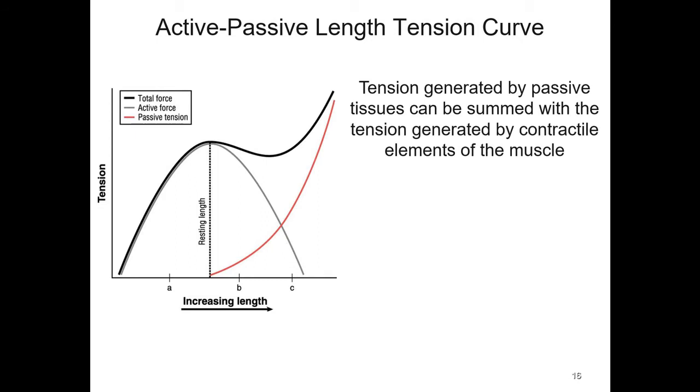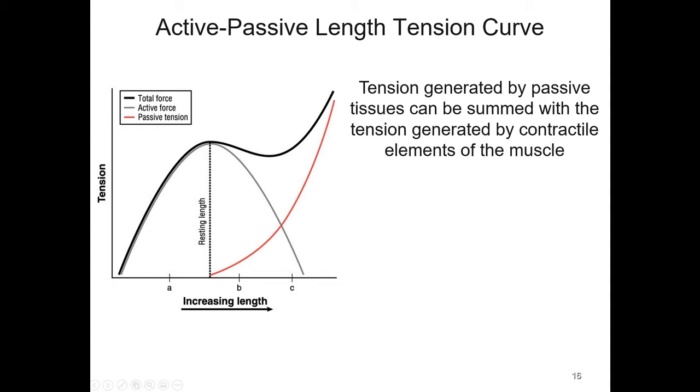So, here we have the active-passive length tension curve. We can see the active forces shown in the grey line here, and we can see the passive forces with the red line here, and we can see the total force generated being realized as the combination of these two forces adding together.